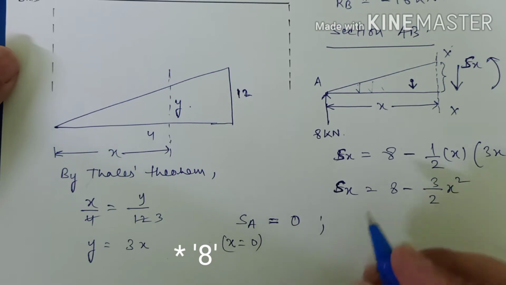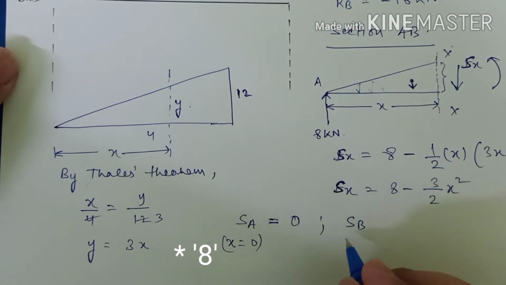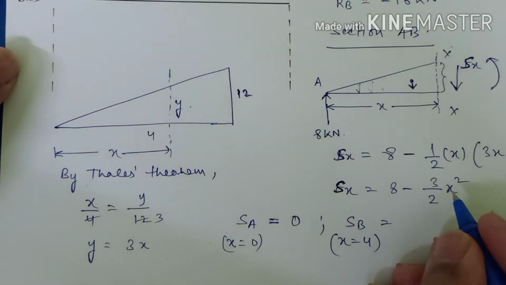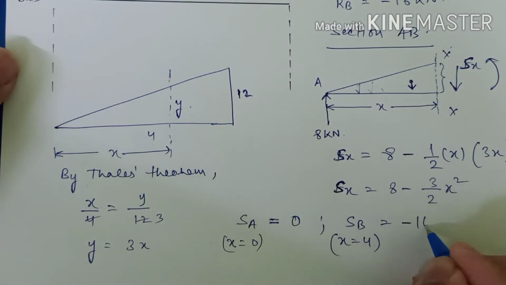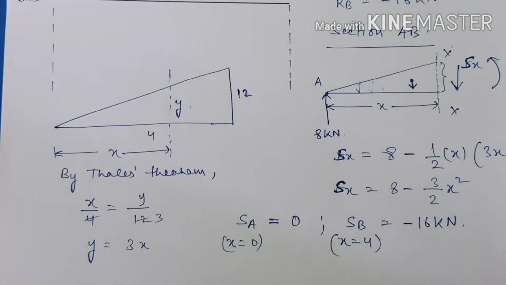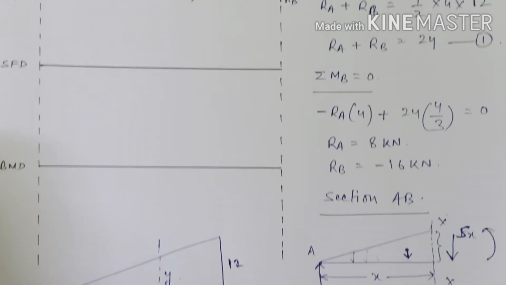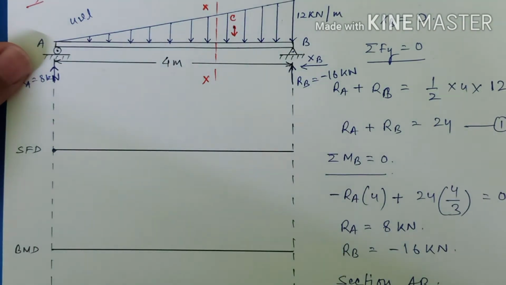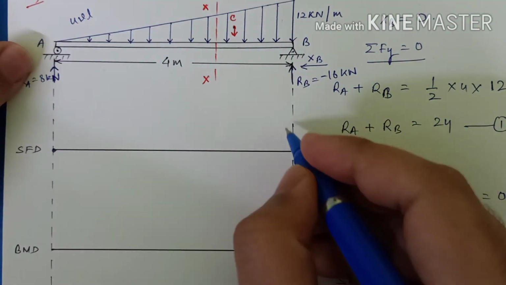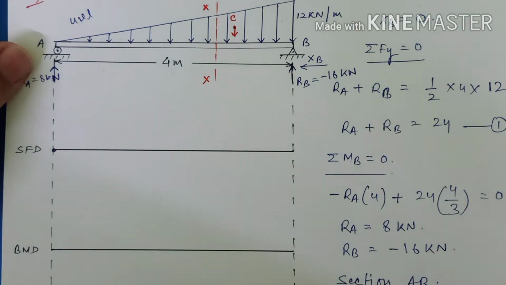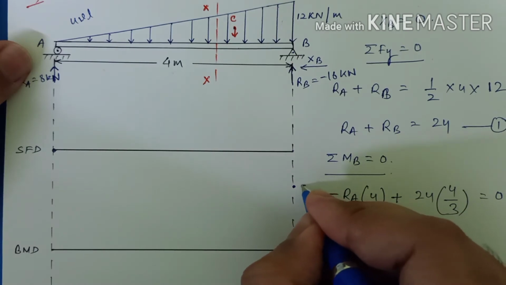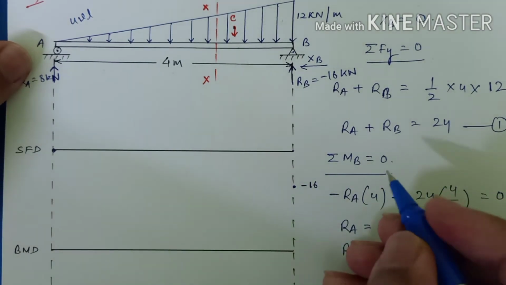And SB, at B, x will be 4, so you put 4 here and you'll get minus 16 as your shear force at B. The value of shear force at B is minus 16, somewhere here.